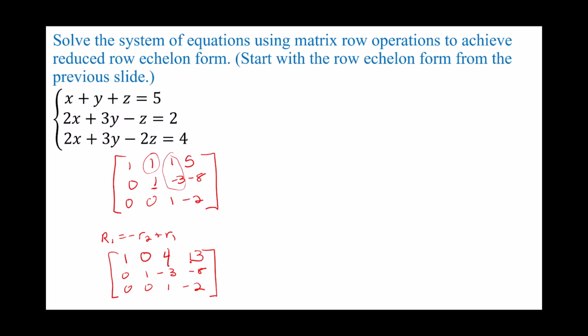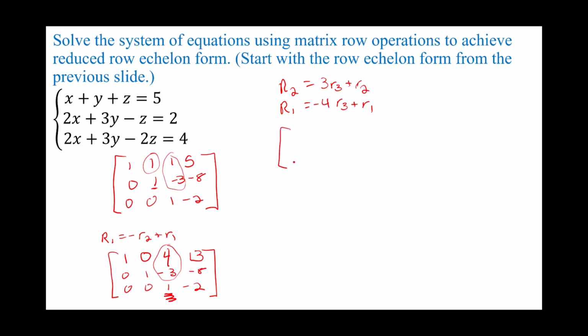Okay, now I need to make these two numbers a 0. So I'm going to do that by saying my new row 2 will be 3 row 3 plus row 2. And my new row 1 will be negative 4 row 3 plus row 1. So I'm using this 1 right here to make the numbers above this one 0.